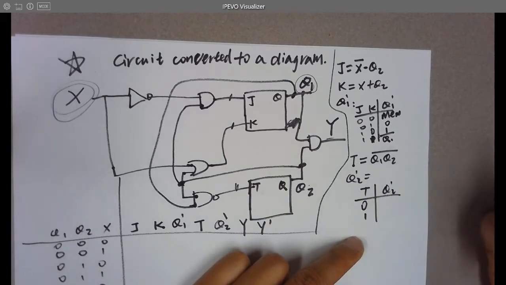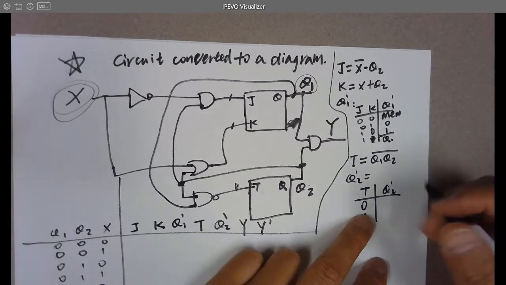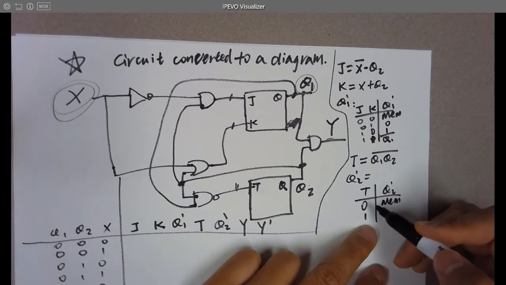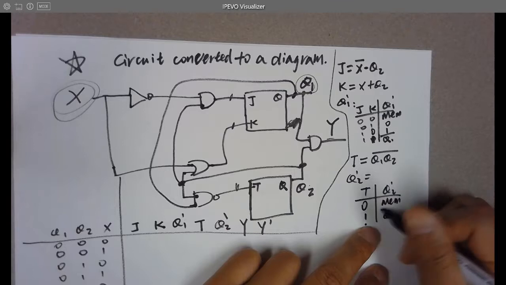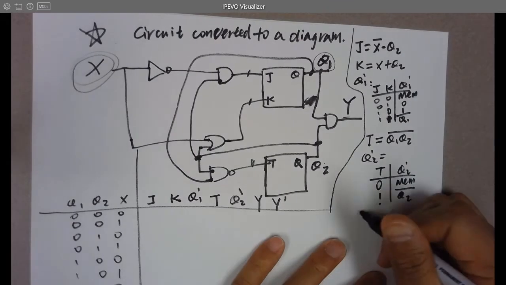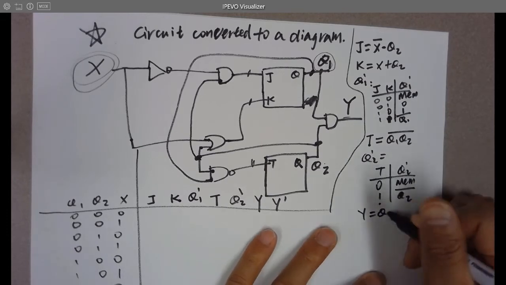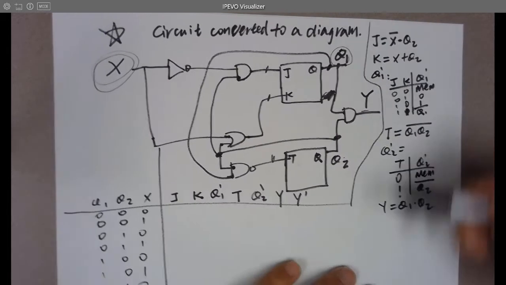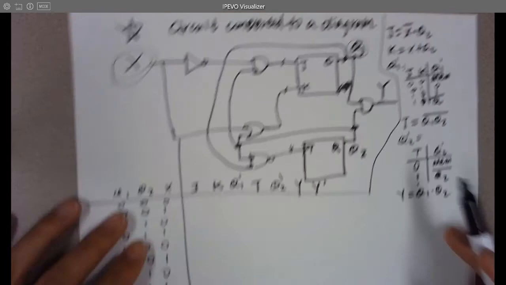T can be 0 or 1. It's a T flip-flop. If it's 0, it's going to be a memory because there are no changes. But at 1, it's going to toggle, so that will be Q2 bar. So what is Y? Y is Q1 and Q2.